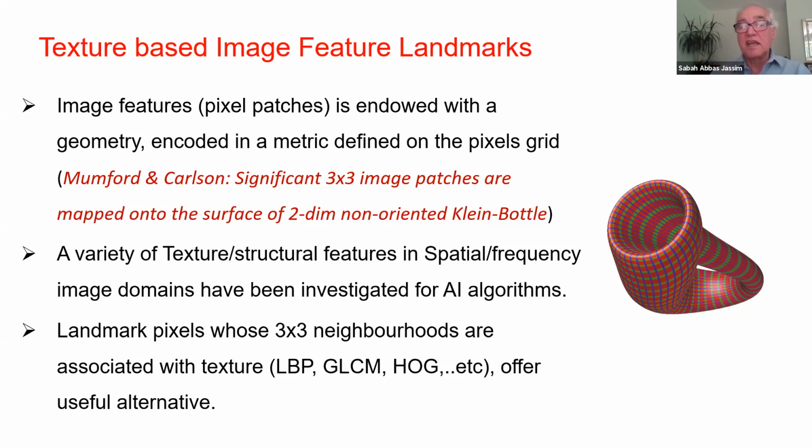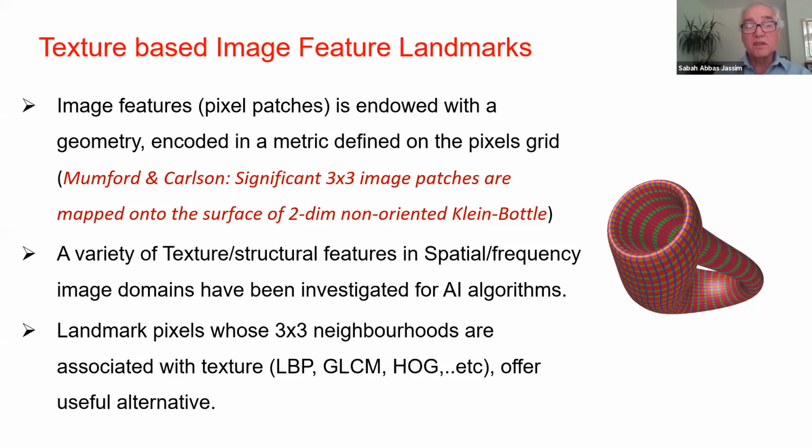On the other hand, in non-deep learning, a variety of texture and structural features in spatial domain, frequency domain, and transform domain have been investigated to do artificial intelligence-based image analysis.